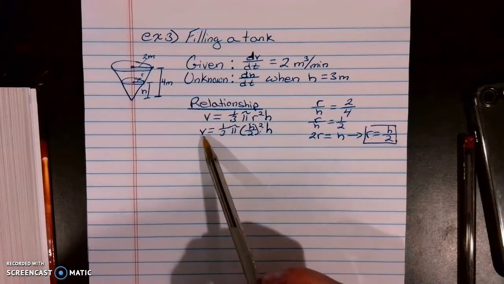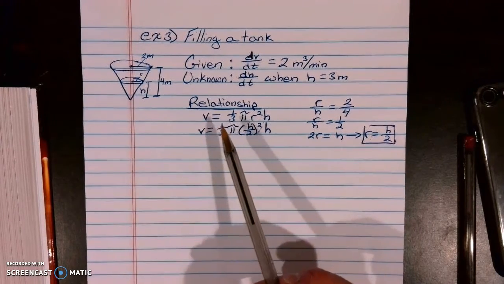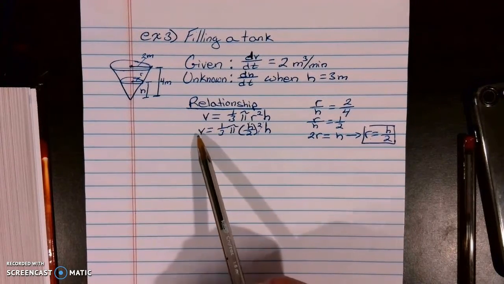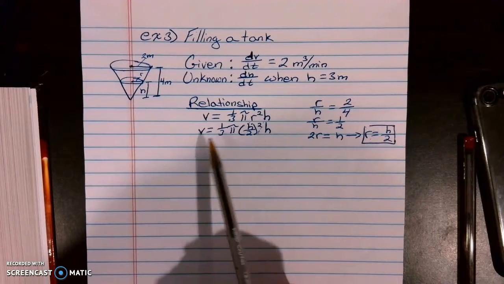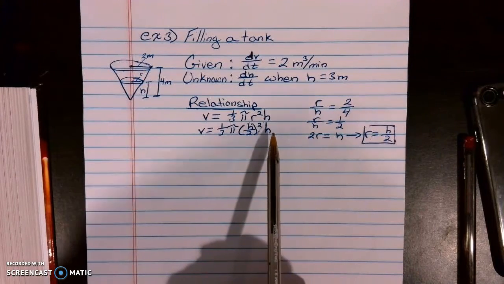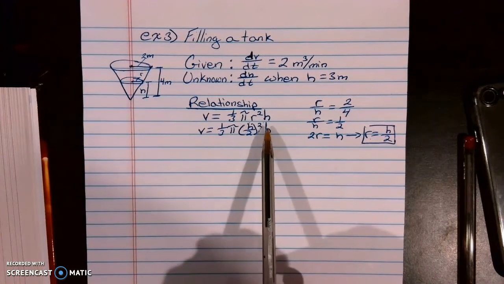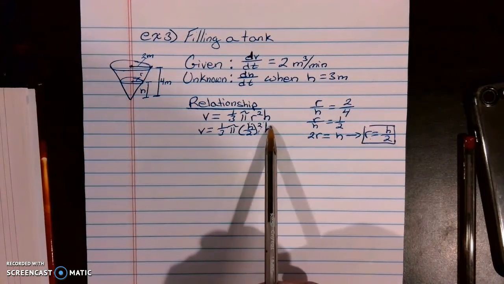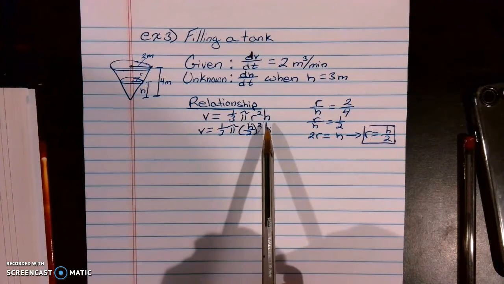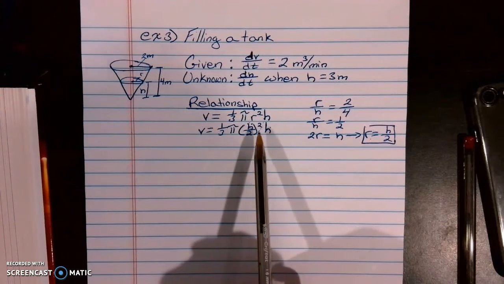The left side is the change in volume with respect to time, the right side the change in height with respect to time. But first we're going to do some simplification and some rearranging as well.